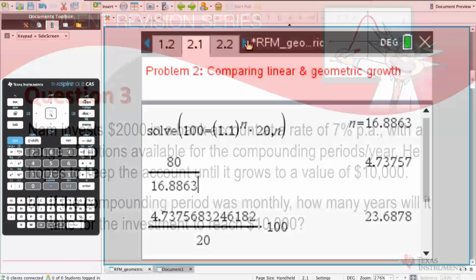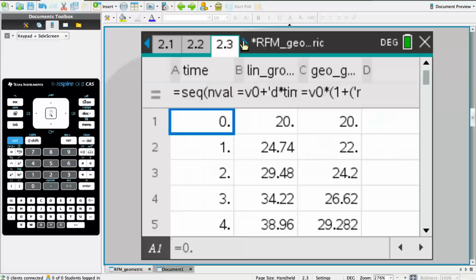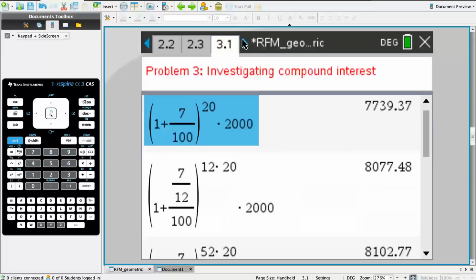So we'll jump to the next one. That sheet is just the spreadsheet that makes the graphs. We'll go to problem 3. And here you can see is entered the most simple calculation where the period of compounding is annual.